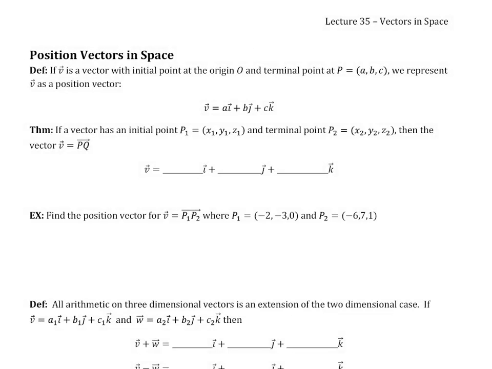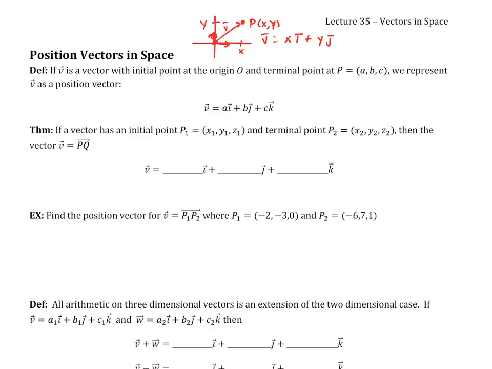Now you recall in 2 dimensions, when we had a vector placed at the origin that extended to some point P, which was x, y, we said we could write that vector v as x times i plus y times j, where i and j were the unit vectors in the x and y direction, and x, y were the actual coordinates of that point.